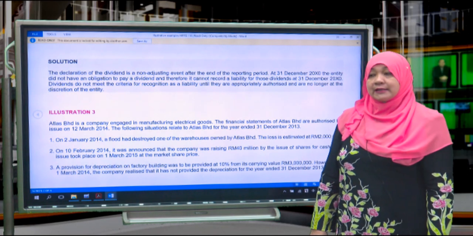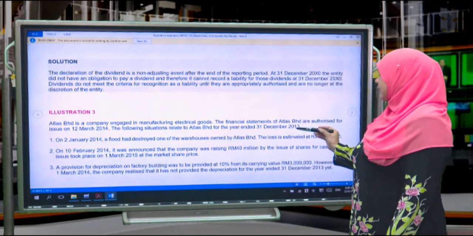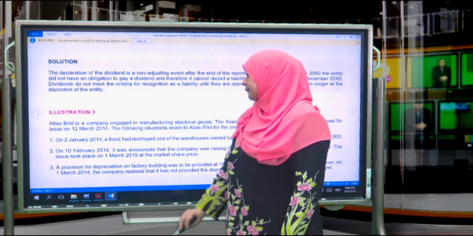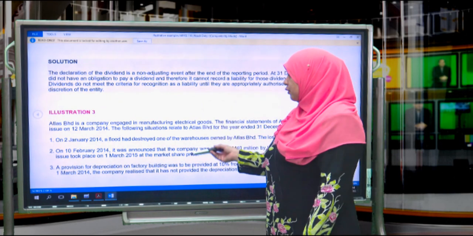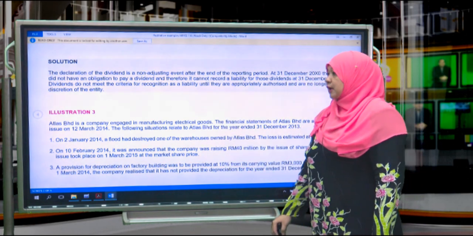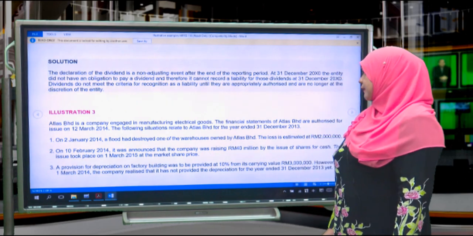Alright, so the events after the reporting period would be between 31st December 2013 up to 12th March 2014. Okay. So they ask us to identify whether the following statements relate to adjusting events or non-adjusting events.